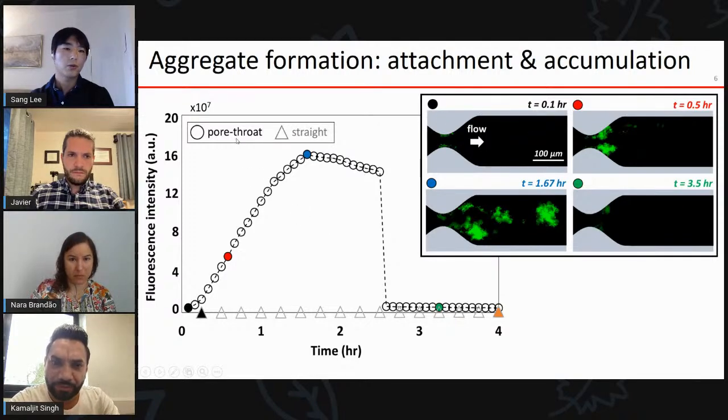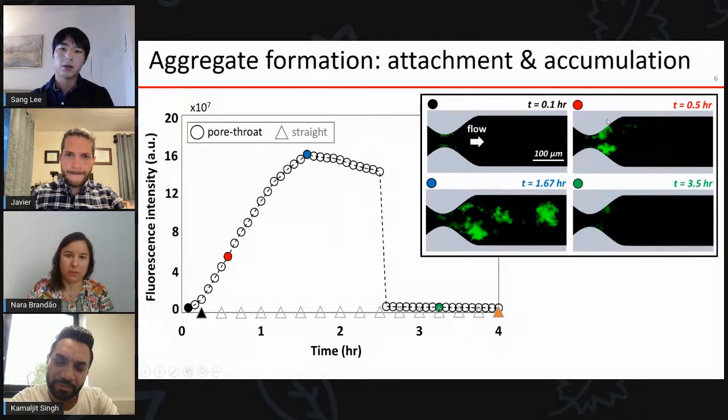So if you look at the pore throat case, we see immediately upon introduction of the flow, the E. coli cells attach at the pore throat, and then they accumulate, forming aggregates on the expansion side of the pore throat.